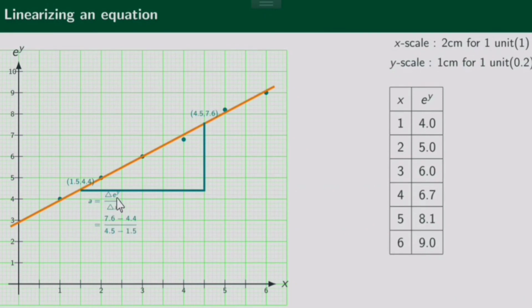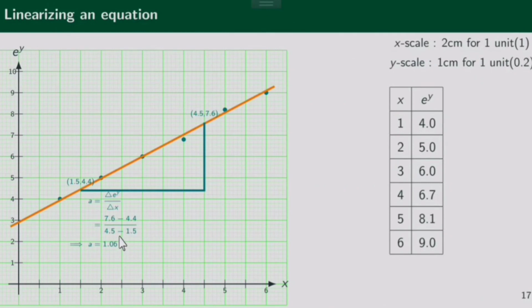For the change of the y values, I have y2, which is 7.6, take away y1, which is 4.4, divided by the change in the x values, x2 4.5 minus x1 1.5. Doing the math on my calculator, I have a as 1.06. So this is the value of a. And if you are writing it to 1 decimal place, you are going to have a as 1.1.